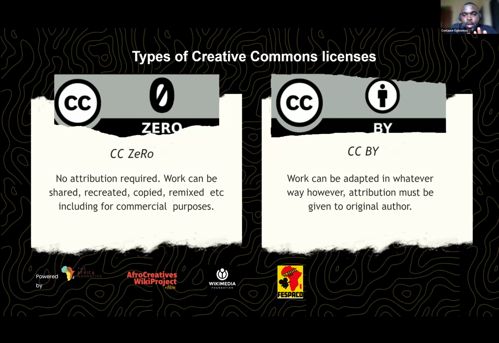Like, he doesn't require you to attribute the work to him. The work can be shared, recreated, copied, remixed, etc., including for commercial purposes. You can use the work anyhow you want without mentioning somewhere that this is the original owner of the work. This is the most free of all the Creative Commons licenses in a nutshell.